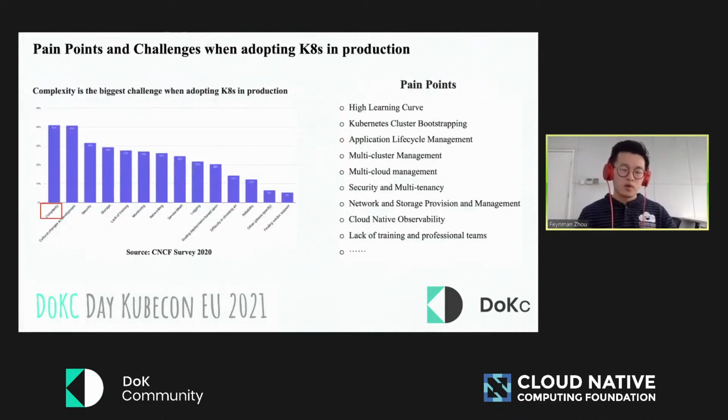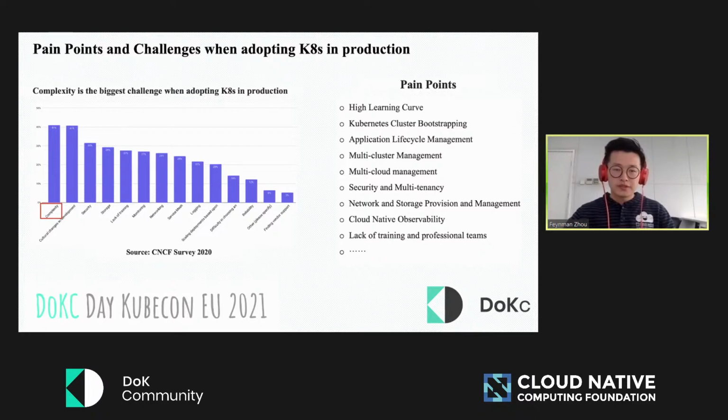So let's move into the next slide, and you will find the CNCF survey. The most obvious thing is that complexity is the biggest challenge when people adopt Kubernetes in production. The complexity always causes a high learning curve when people use Kubernetes and its open source ecosystem in production.